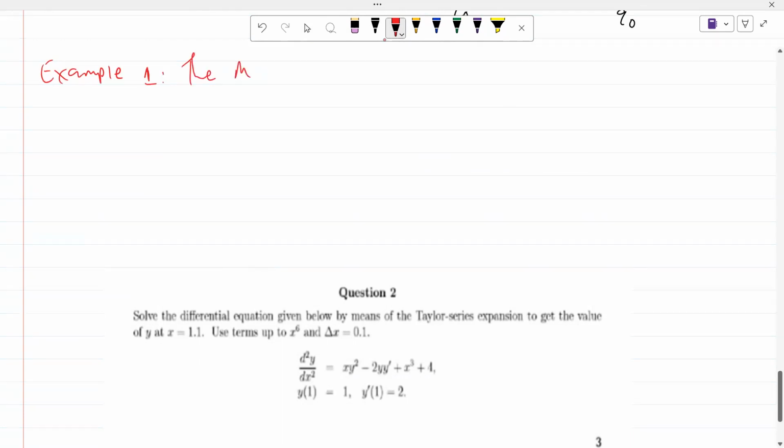The Maclaurin series expansion for e to the minus x is done at first year, first year calculus.